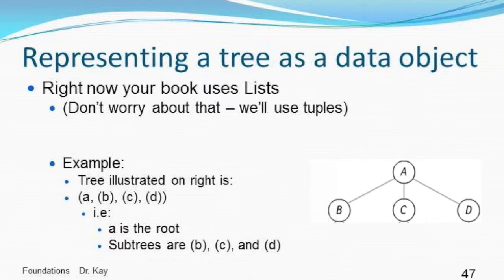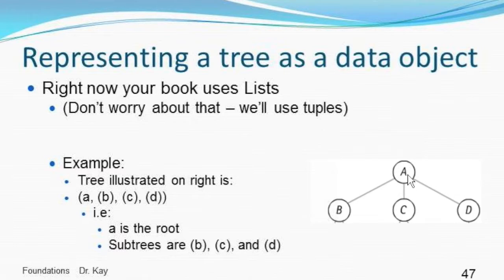Just like we can represent graphs as a data object, as something that we write out, we can represent trees as data objects. Your book does this using lists, but we're just going to ignore that and use tuples. So here's an example of how we're going to do that.